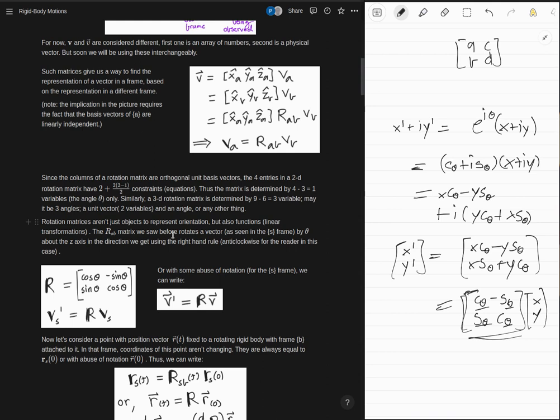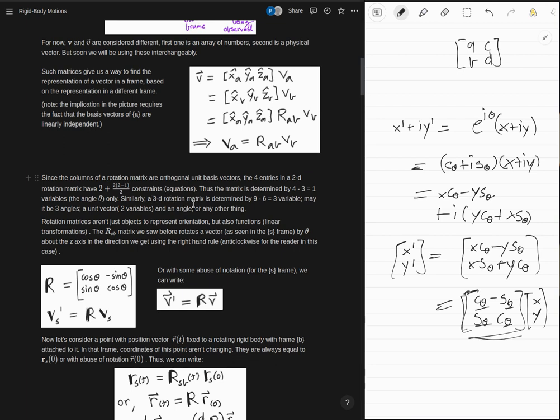Or some certain frame or whatever. So yeah, that frame or that body has degrees of freedom given by the number of variables that describe the matrix. In this case, it's just a single variable, so there is 1 degree of freedom. And yeah, of course it's 1 because the vectors themselves have to be unit vectors, and 2 times 2 minus 1 over 2 because the dot products have to be 0.